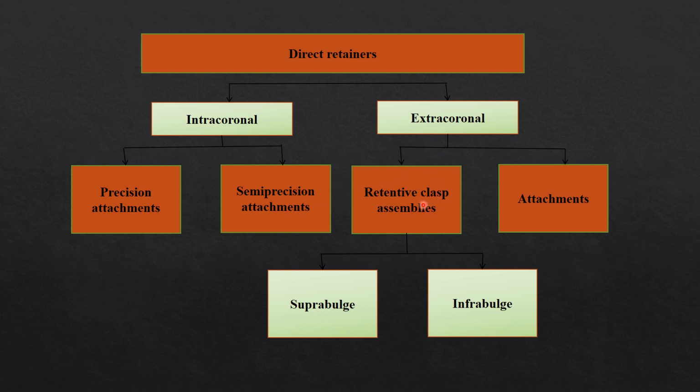Extracoronal attachments are regular conventional direct retainers or clasp assemblies, which we have spoken about now. Depending upon how the retentive arm or the retentive terminal approaches the undercut of the abutment teeth, they are further categorized into two types: supra-bulge and infra-bulge direct retainers.